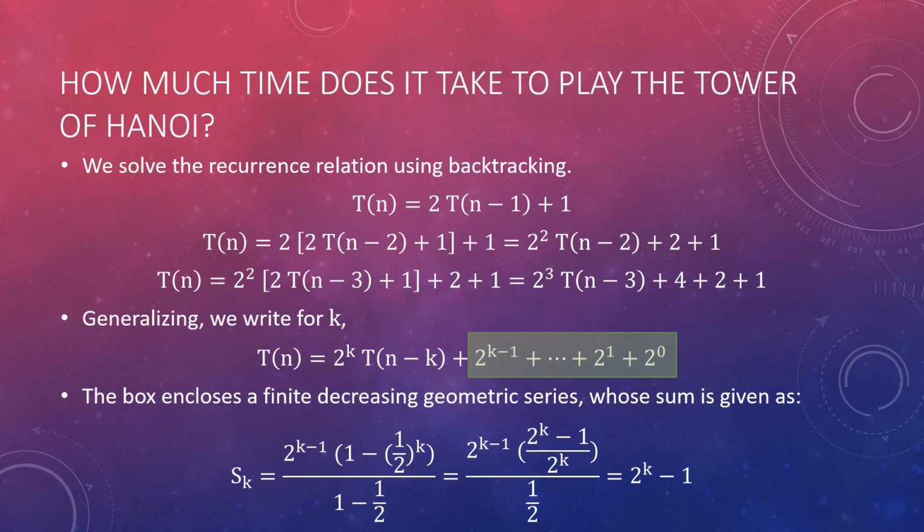When you simplify this, you find that the summation is 2 to the power k minus 1. This summation can replace everything that you see in the green box.